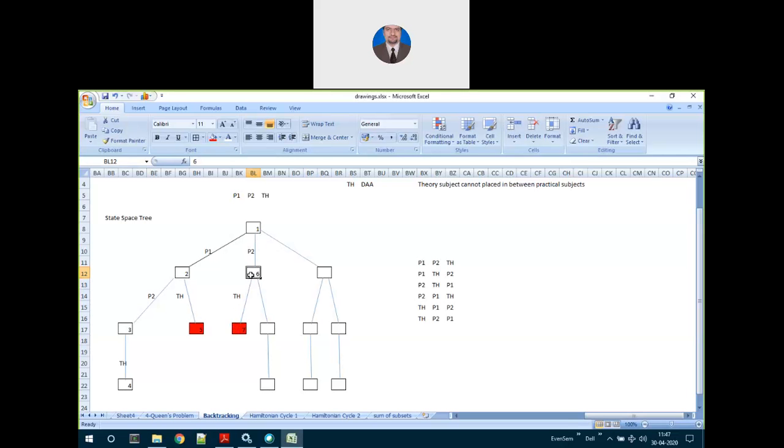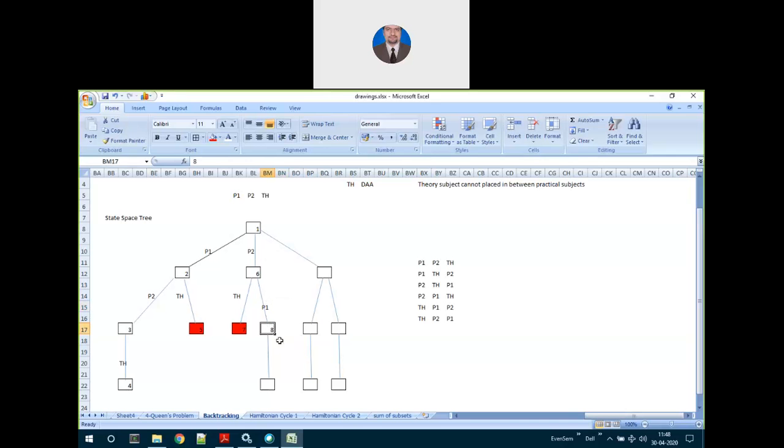Then I can have one more node down to 6 as node number 8, and between 6 and 8 I can have the P1 subject. Since in the first phase I took P2, and later TH did not give me a solution, I changed the subject to P1 now.